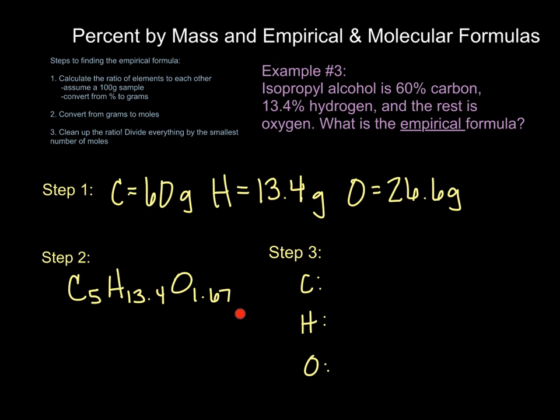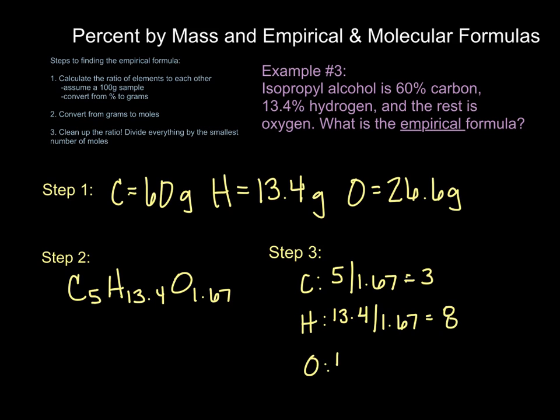So oxygen actually has my smallest number of moles, 1.67. So carbon, I'm going to take my 5 moles of carbon and divide it by 1.67 to get 3 moles. My hydrogen, I'm going to take 13.4 divided by 1.67, which is going to give me 8.